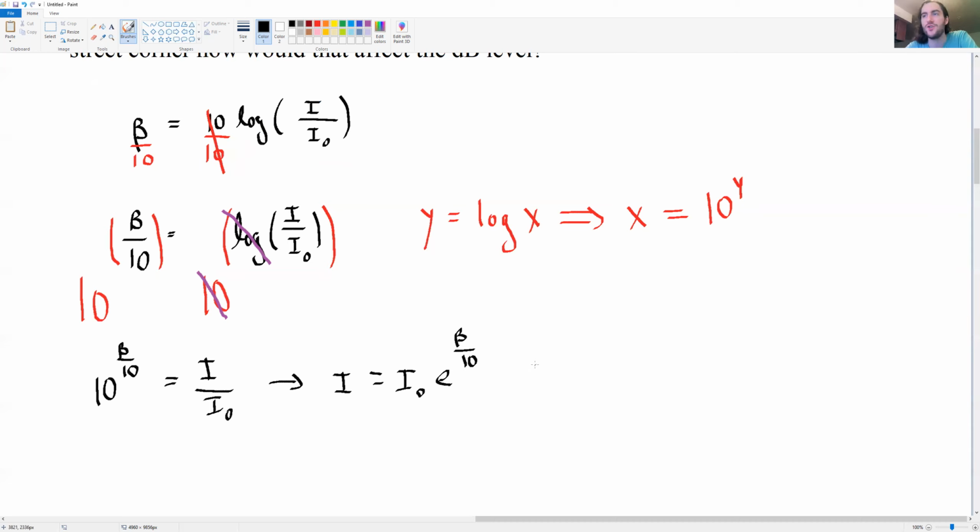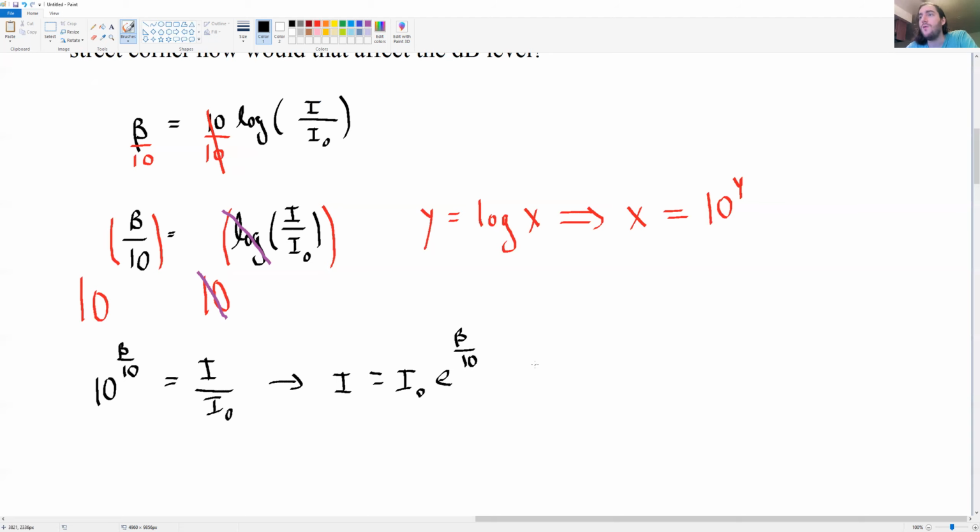Okay, so exponential relationship between the intensity is an exponential function of the sound level. The sound level is a logarithmic relationship with the intensity.